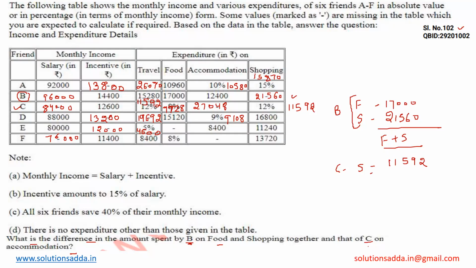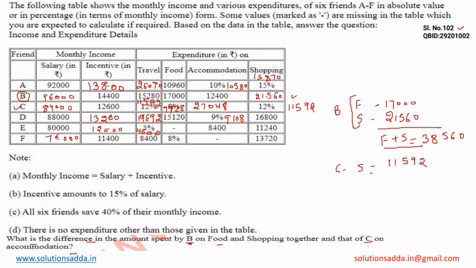So we need to deduct this value from the food plus shopping of B. So this amount is equal to 38,560. So we need to deduct this value from this, but we need to check that the C on accommodation.